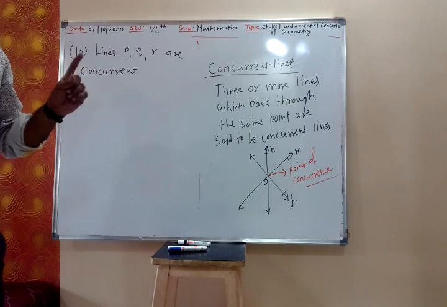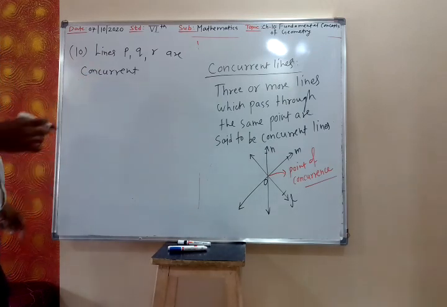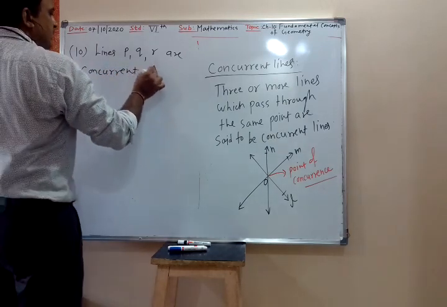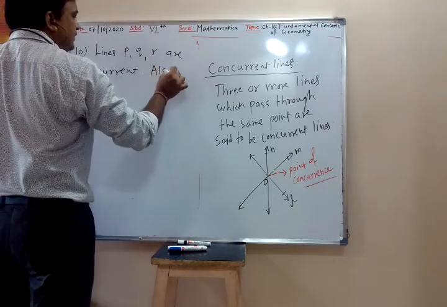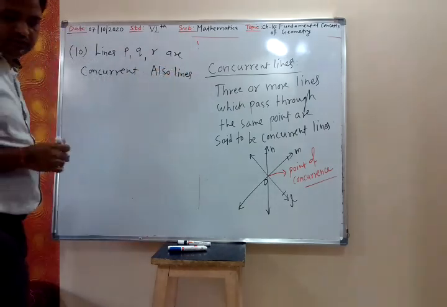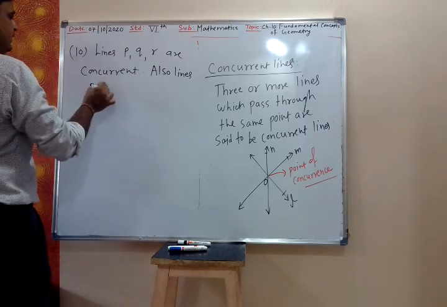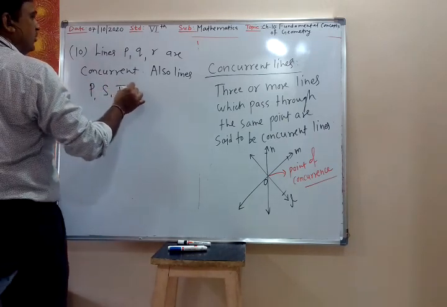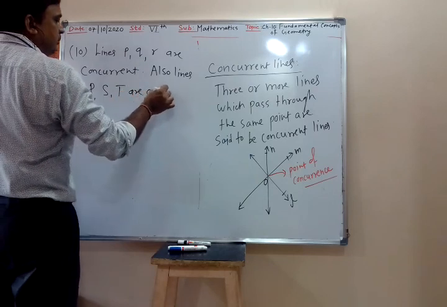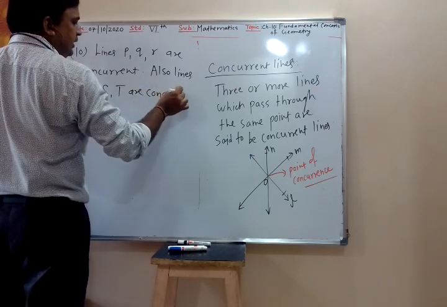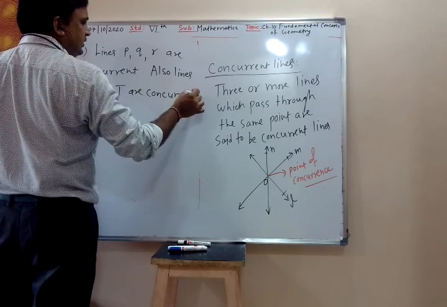Lines PQR are concurrent. Also lines PST are concurrent.